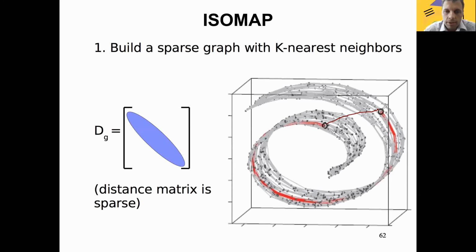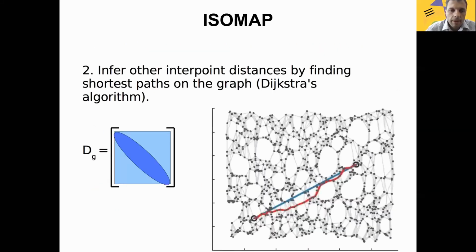In case we know the manifold, of course, we will calculate the distance by moving along the manifold. But in practice, we don't know the manifold, and so the question is how to approximate this distance. The idea is very simple. This is our graph representing which points are related to which points.